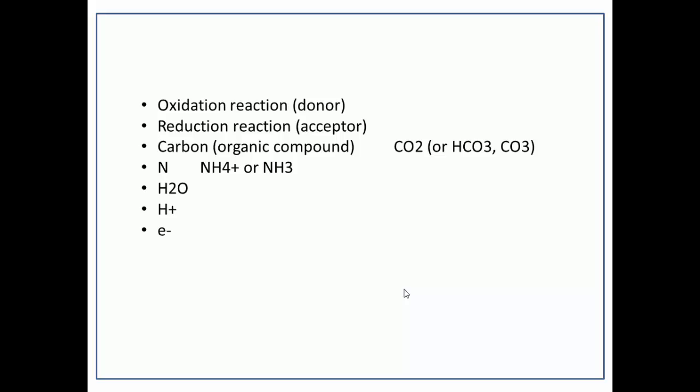And then you can balance for the charges using electrons. A proton introduces a charge into the equation, and that can be balanced using electrons. That's why most of our half reactions have electrons in them, which we can use to determine the electron equivalence for each organic compound.